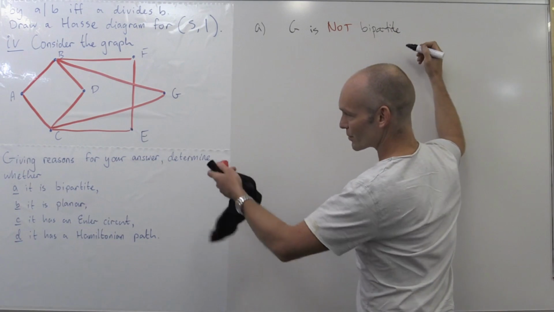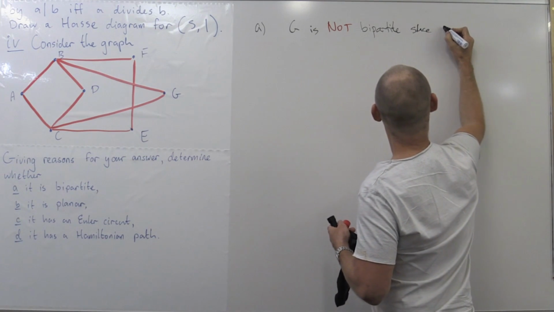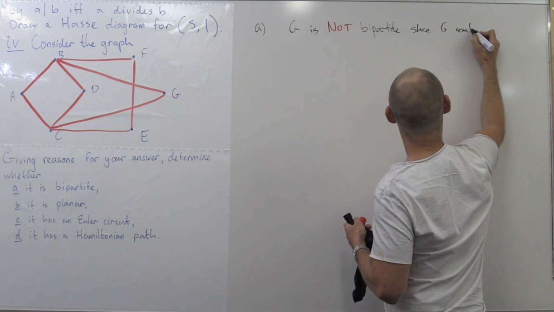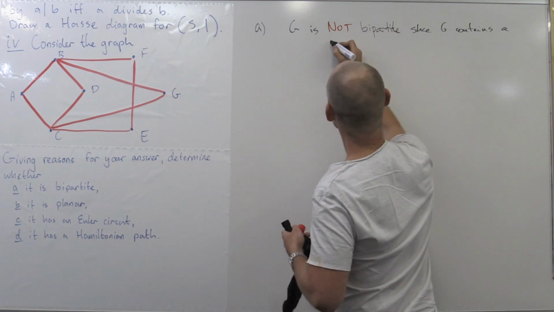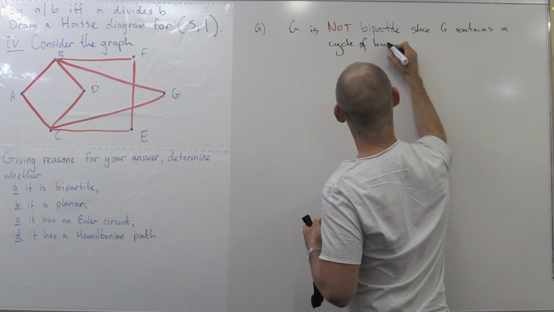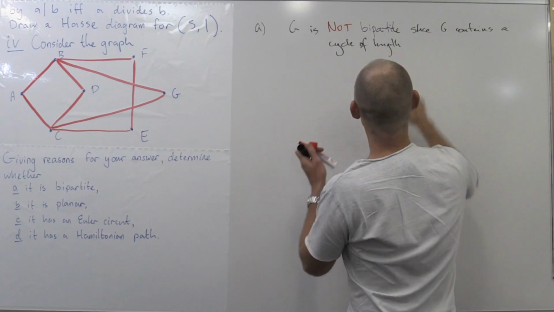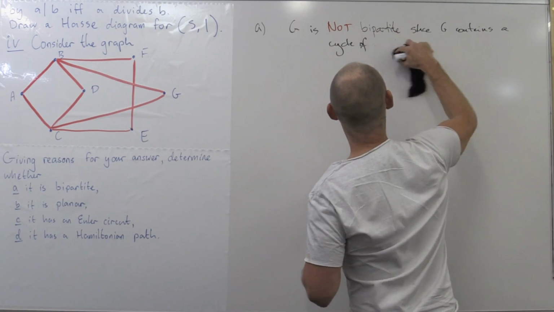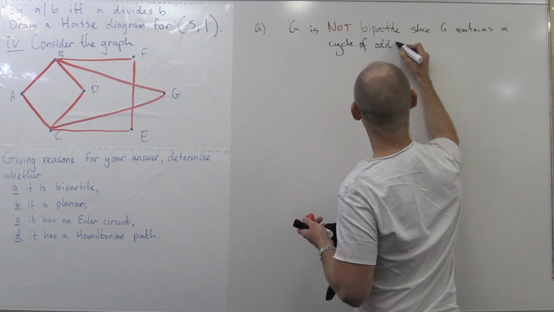And then we have to have some reason. Since G contains a cycle of odd length.